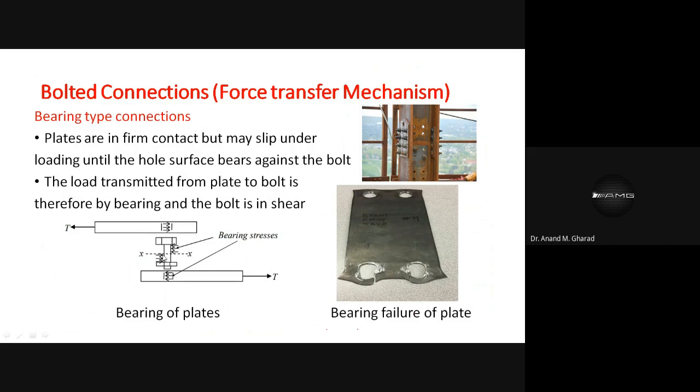Generally, what happens is, if the grade of the plate is low compared to the grade of the bolt, then there are chances that the failure of the plate will take place prior to the bolt. That is but natural, isn't it? Because the capacity of the bolt being high compared to the capacity of the plate, naturally the failure of the plate will take place earlier.